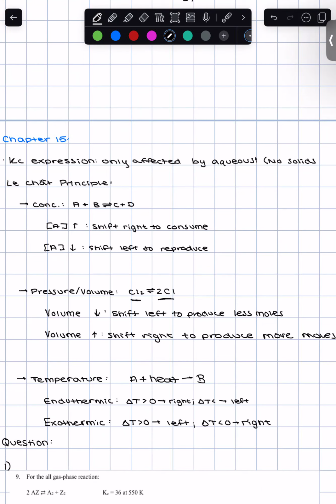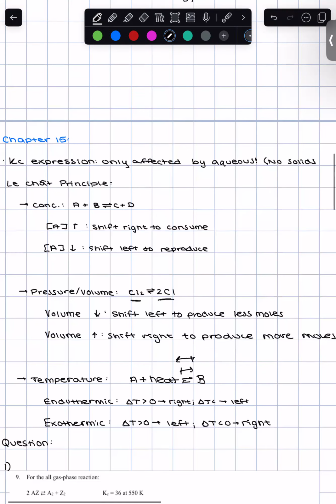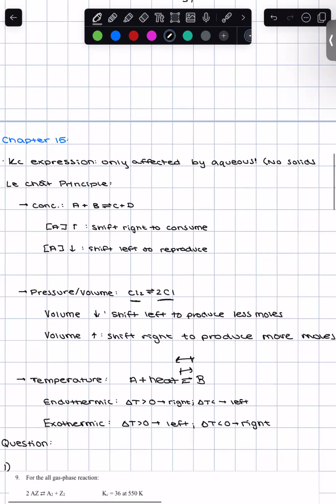If I'm endothermic and I'm increasing the temperature, I want to consume excess heat. I'm shifting right. If I decrease the temperature, I'm making it cold, I want to produce more heat, we're going left. With exothermic, it's just the complete opposite of what I just said. Do we have any questions about that?